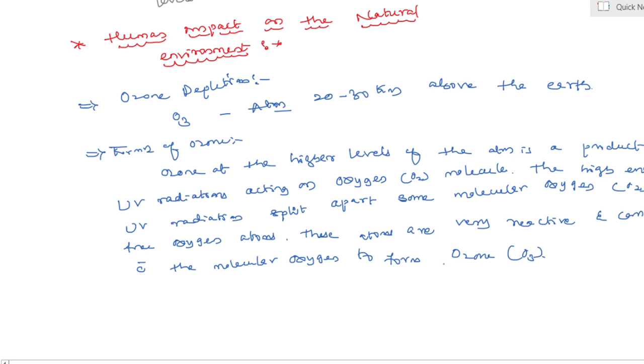Clear? Yes, my dear students, it means ozone at higher levels of the atmosphere is a product of ultraviolet radiation acting on oxygen molecules, O2.